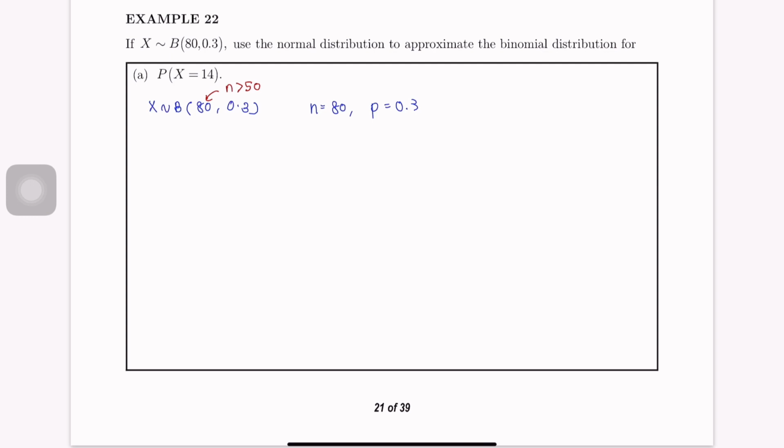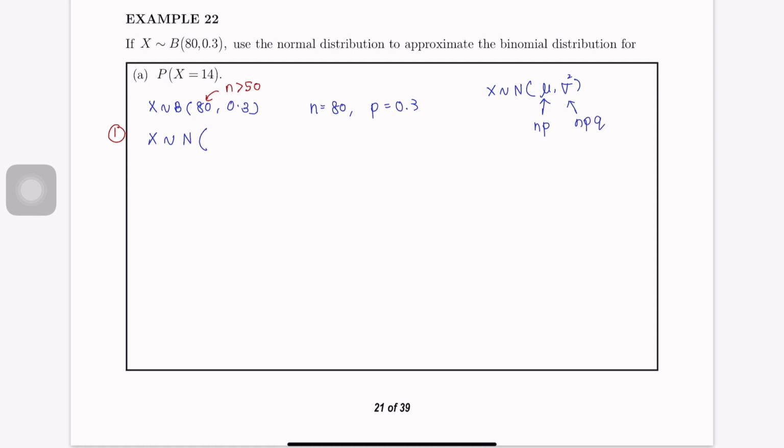Then the first step is to change to normal distribution. So x is normal distribution, and from normal we have mean and variance. To find the mean is n times p. To find the variance, n times p times q, where q is 1 minus p.